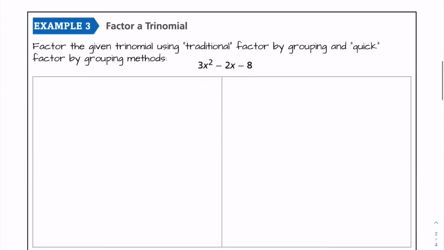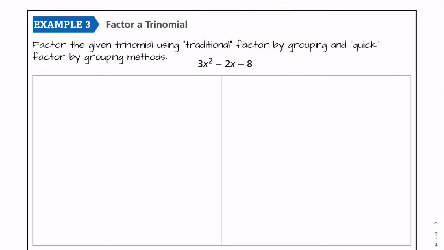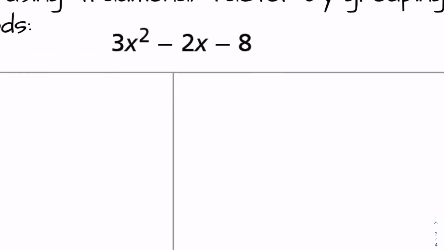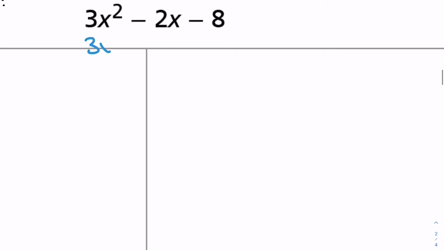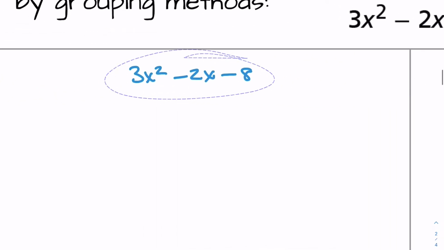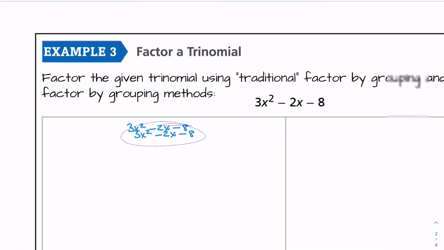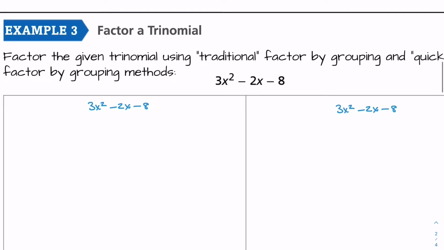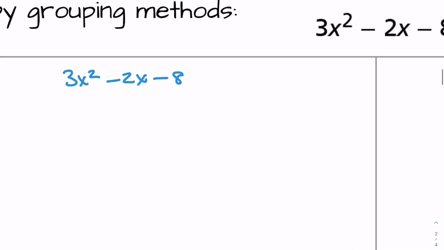So here, factoring a trinomial, we'll do it the traditional way and the quick way. So again, let's take our 3x squared minus 2x minus 8. I'm going to do factor by grouping on the left-hand side.